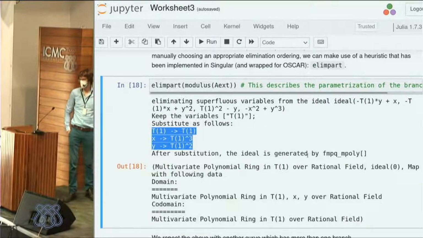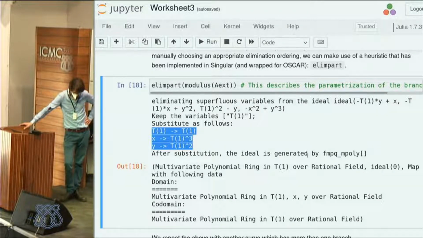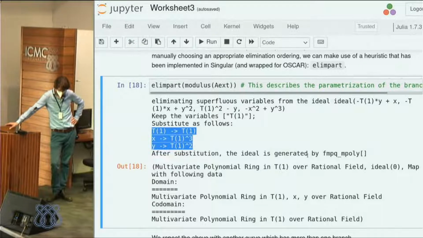So in the end, we have a polynomial ring in one variable, and we see the map x goes to t1 cubed, y goes to t1 squared. So we have precisely the parametrization that we would expect from the algebraic side. Of course, it's not the geometric side with which I started at the beginning of the lecture, but it's the map of rings. And at that point, I think our time is up.